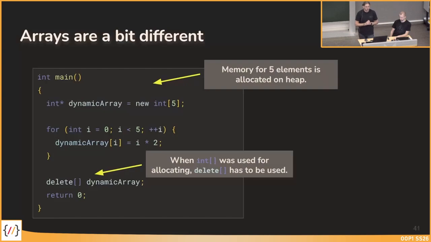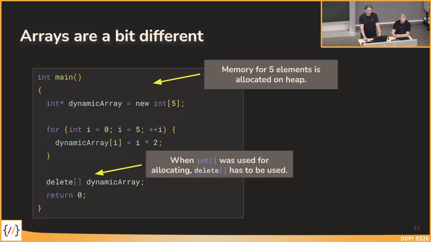We can also do something similar for arrays, but instead of using malloc with the number of elements, so 5 times the size of an int, we just call new int and then the number of elements. So we don't need the bytes anymore, we just need the number of elements.